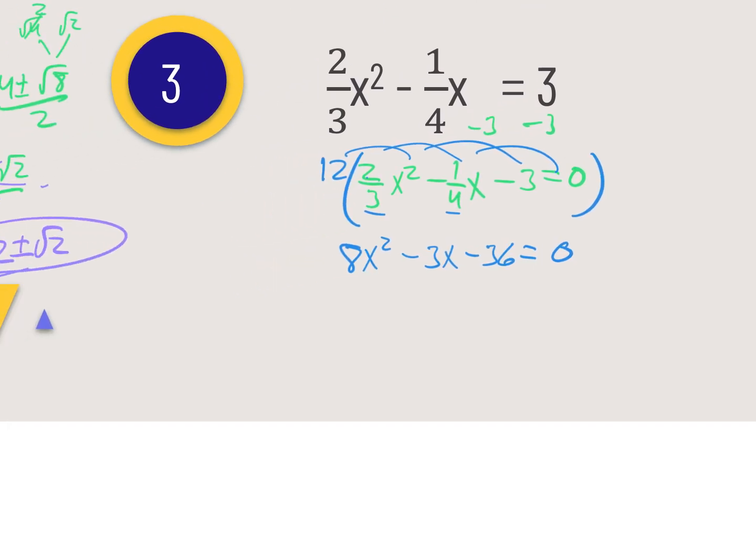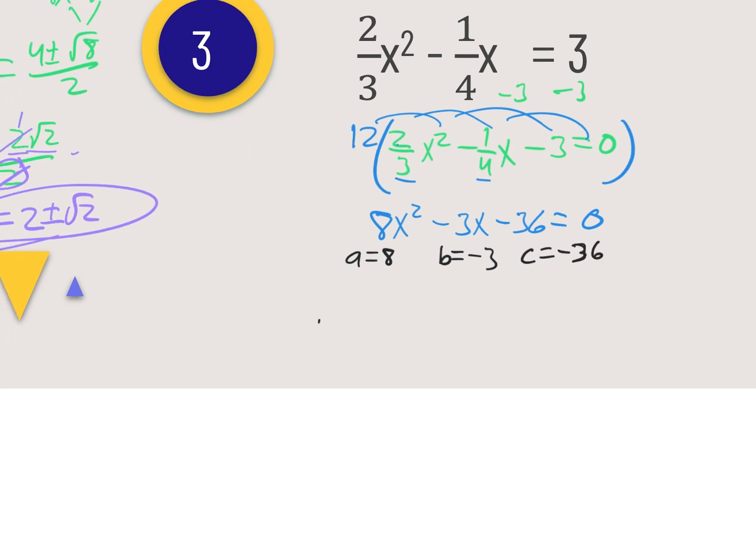Again, x equals -b plus or minus the square root of b squared minus 4ac over 2a. All right, so now let's plug in. We have an a value of 8, a b value of -3, and a c value of -36, right? So we just want to plug all this in.